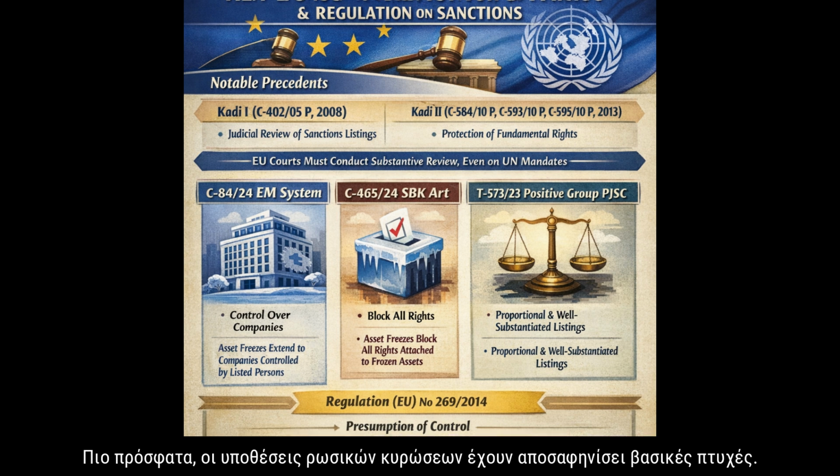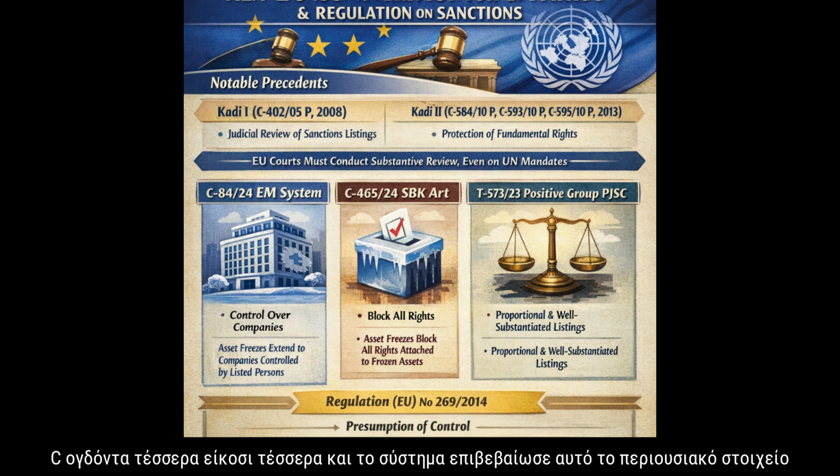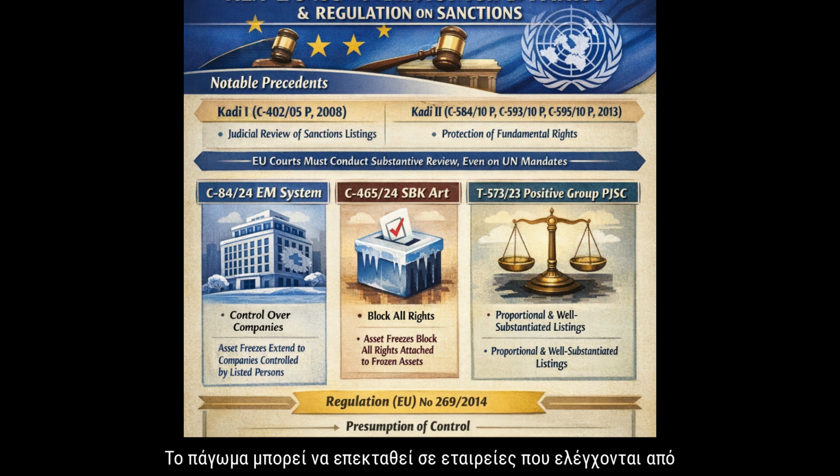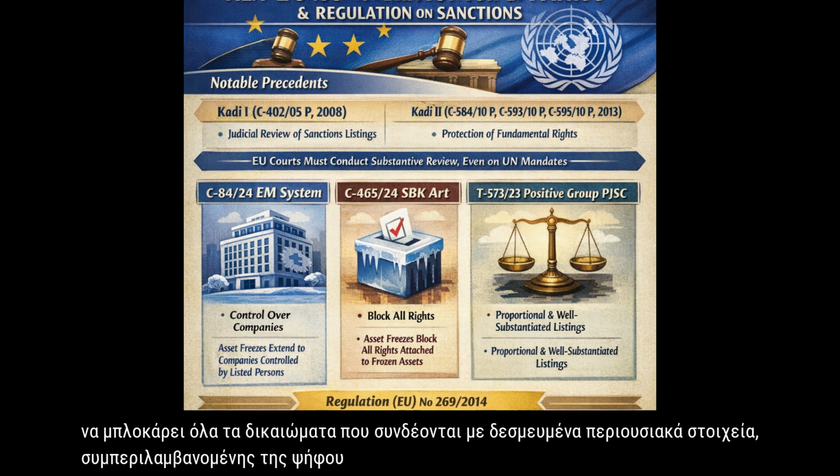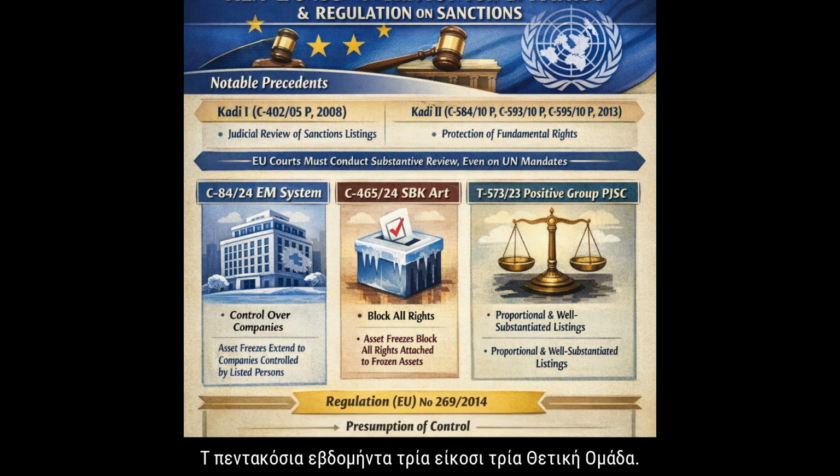More recently, Russian sanctions cases have clarified key aspects. C-84/24 confirmed that asset freezes can extend to companies controlled by listed persons based on a factual assessment of control. C-465/24 SBK held that asset freezes block all rights attached to frozen assets, including voting rights. T-573/23 Positive Group PJSC emphasized the need for proportionality and substantiation in listings.